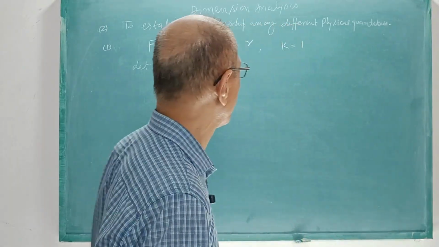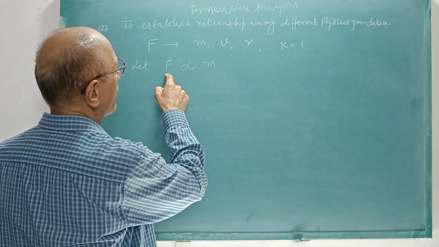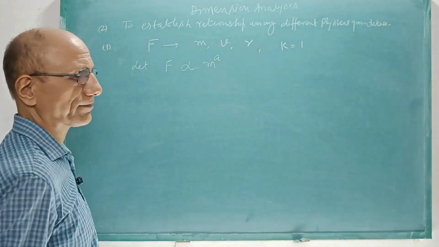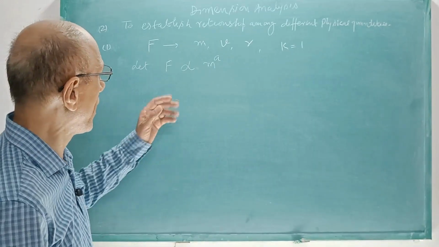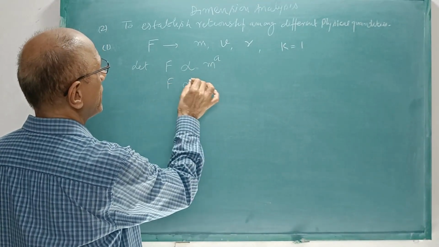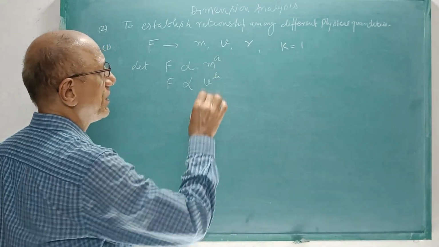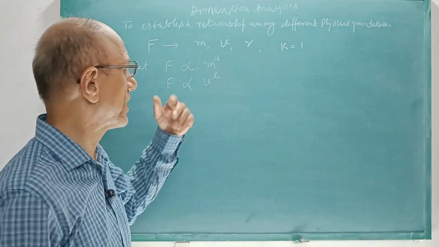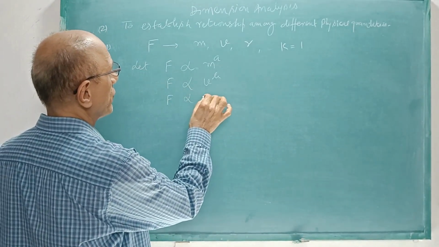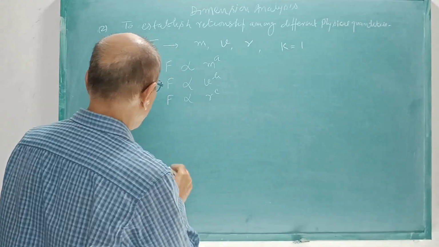So that's why we will say, let us say F is proportional to m raised to power a. Now F is proportional to v raised to power b. And similarly, let us say F is proportional to r raised to power c.